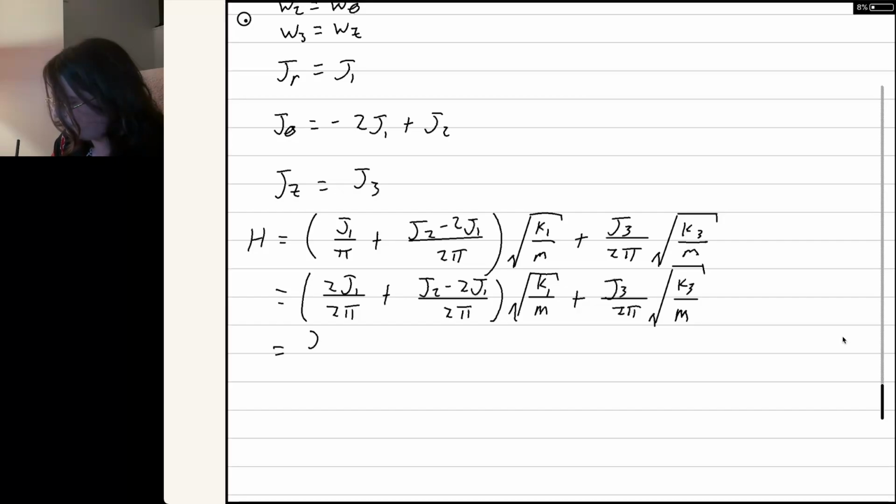And consequently, really only 2 different frequencies, which will be dependent on the spring constants.